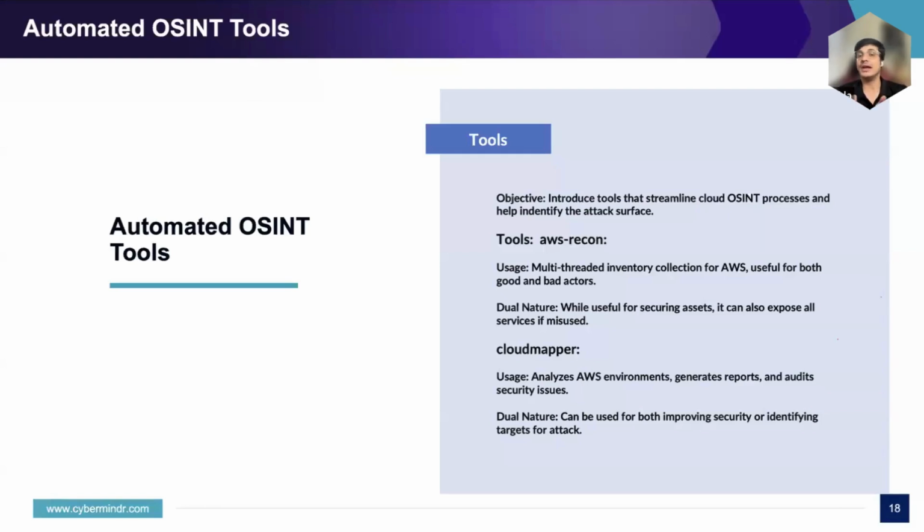One is AWS Recon, which does recon on AWS, and second is Cloud Mapper, which checks the IAM permissions. There are multiple tools like Pacu and similar tools like ADRecon, which help you on different cloud providers. Because AWS is the most common one, and that is where I do most of my OSINT, that's why I've added this.